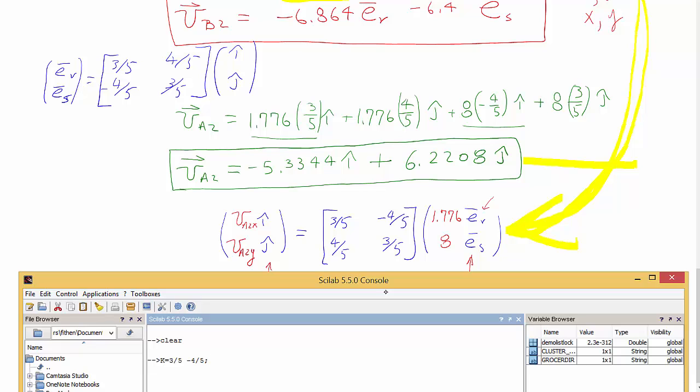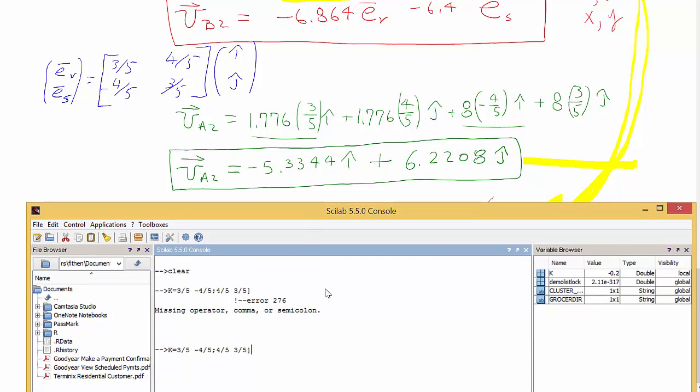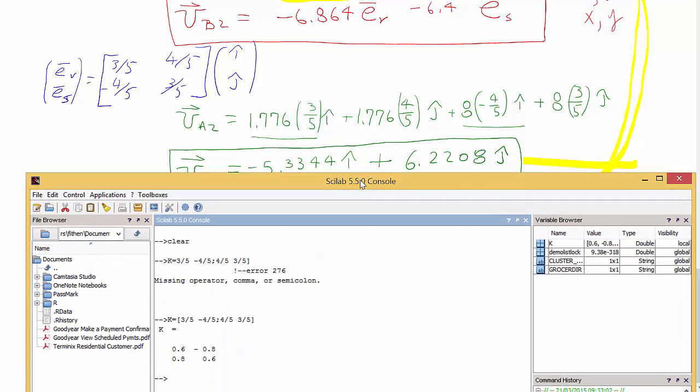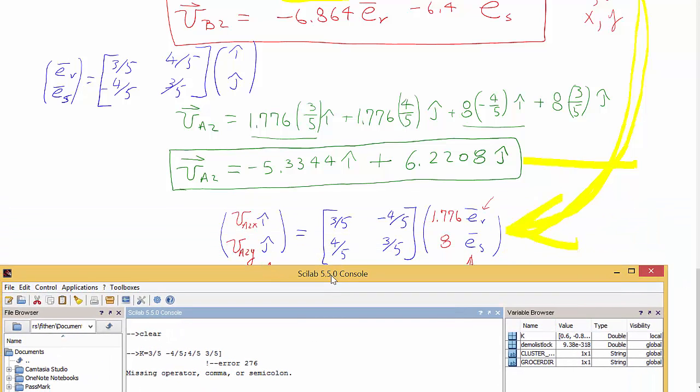Next row, 4/5 and 3/5. Oops. I'm going to have to slide this up the screen. I didn't put the bracket on the left. So there's my matrix. Looks pretty much like that's what it is.